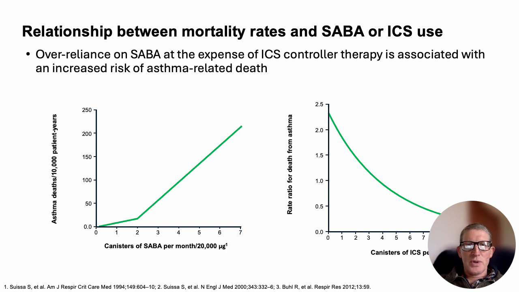So the trick here is to make sure that the use of the reliever and the use of the inhaled steroid are always perfectly concordant, because that will mean that you can't overuse the SABA and underuse the inhaled corticosteroid, and that will lead to better outcomes in the long term.